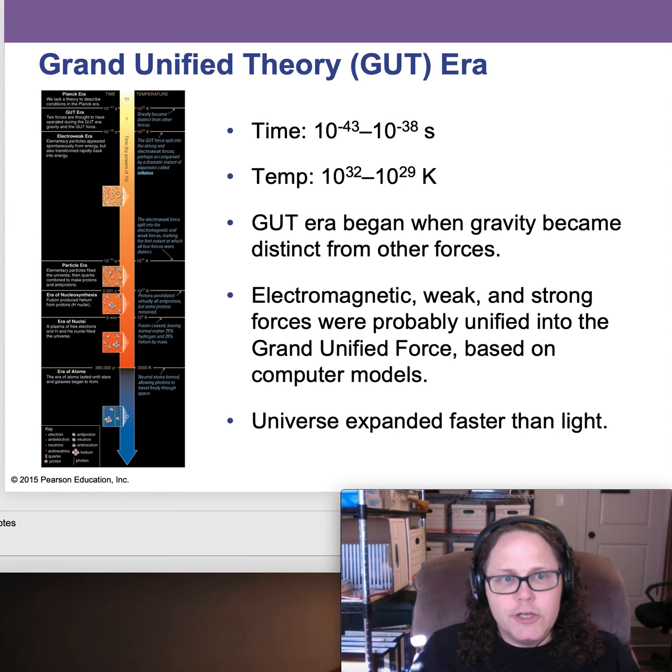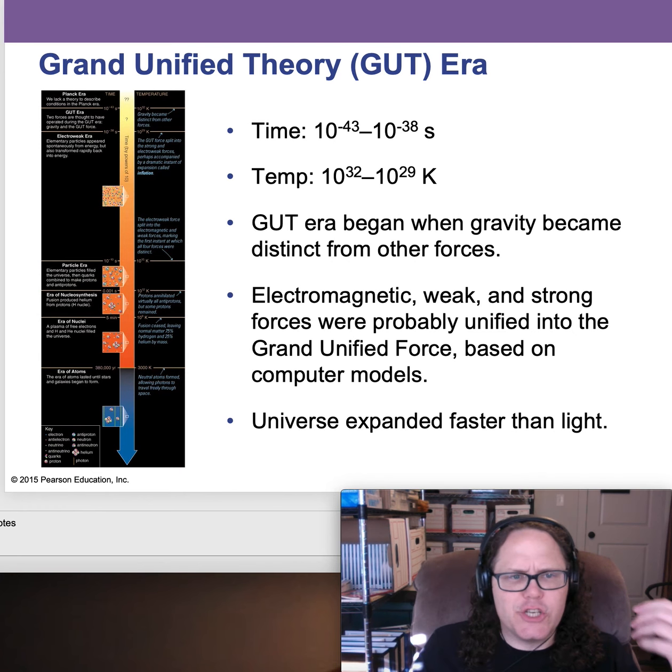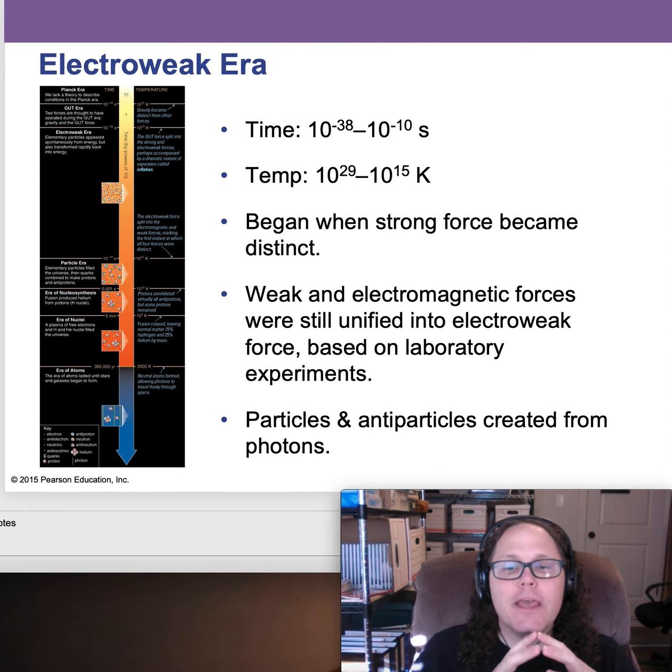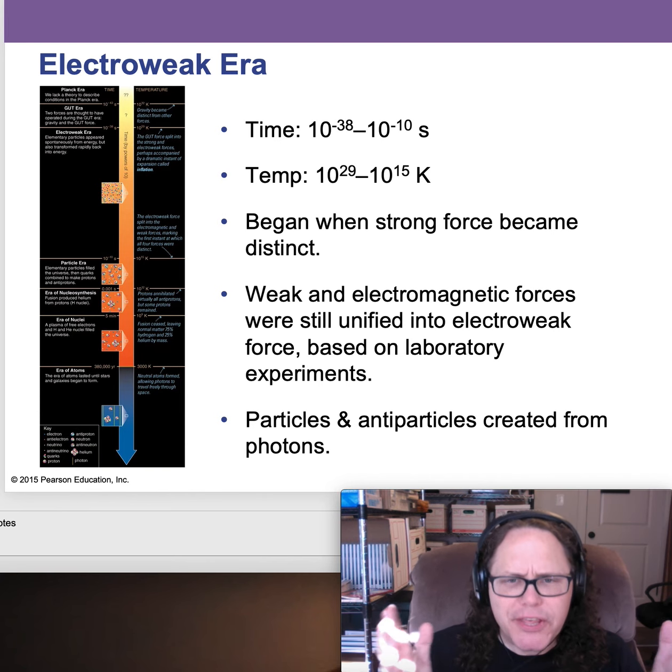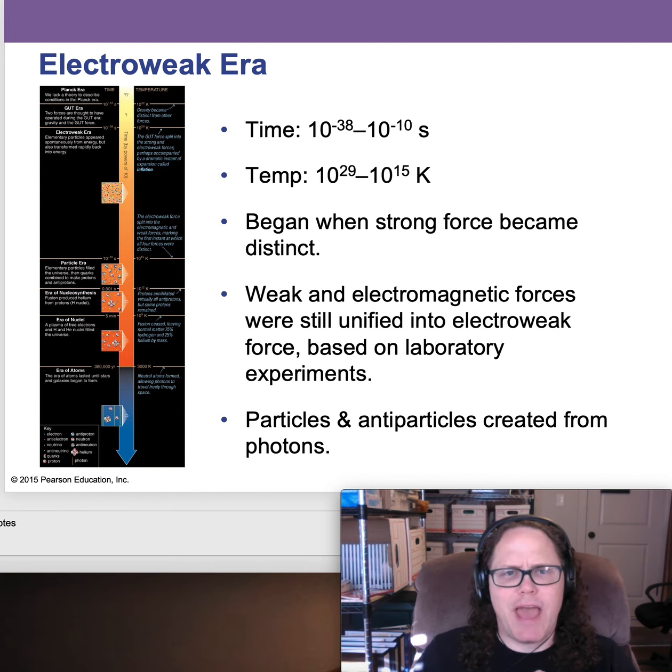Let's move on to an era where we can actually reproduce the conditions in laboratory, the Electroweak era. From 10 to the minus 38 seconds up to 10 to the minus 10 seconds, 1/10 billionth of a second after the Big Bang.